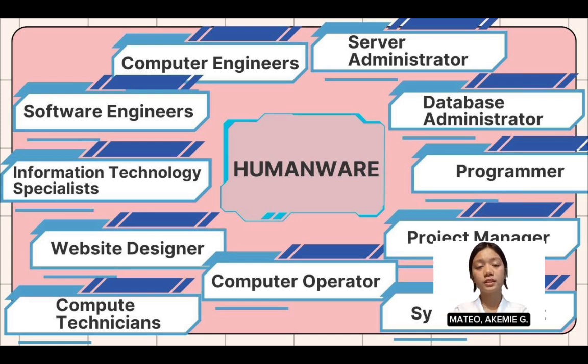So, database administrator. Database administrators are responsible for the performance monitoring, security, integrity, troubleshooting, as well as the backup and data recovery of a database. The next is the server administrator. Server administrator has the overall responsibility of a server.